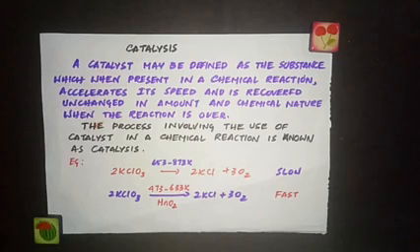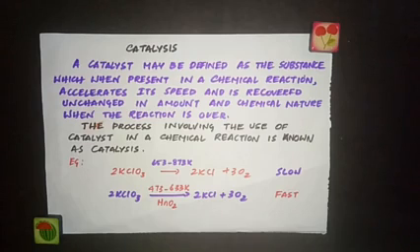So what is the role of a catalyst? It speeds up the chemical reaction which was already slow, and during the process of speeding up the reaction, the catalyst is not undergoing any change in the quantity and also in its chemical nature. As soon as the reaction gets over, the catalyst will come out unchanged.